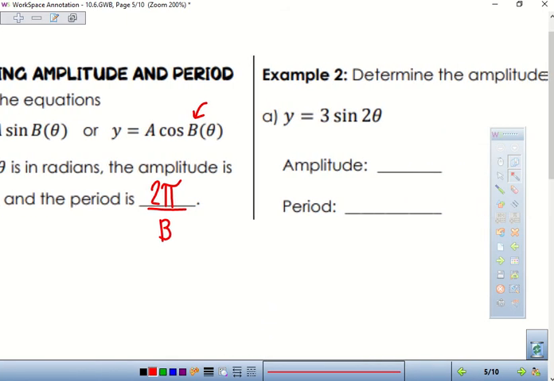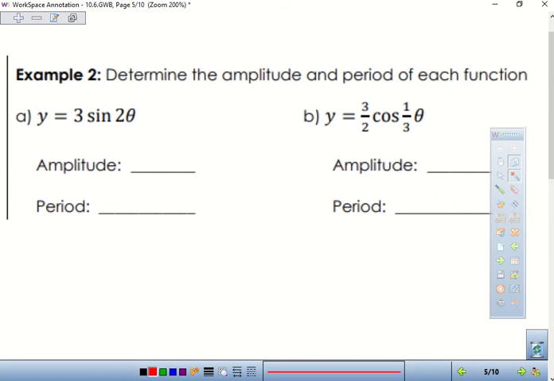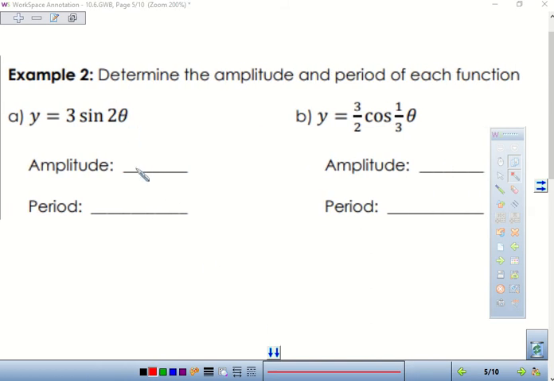So now that we learned our formulas, let's go ahead and put it in practice for these 2 examples. The amplitude of this is the absolute value of 3, which is? 3. Good. And the period is 2 pi divided by what? B. Good. What is B this time? 1. So in this case, would A be 3?